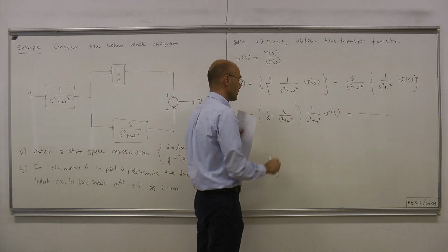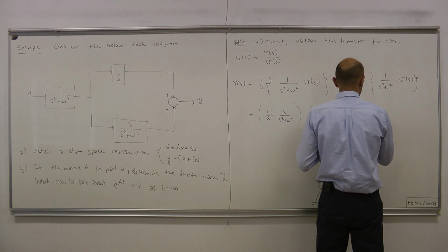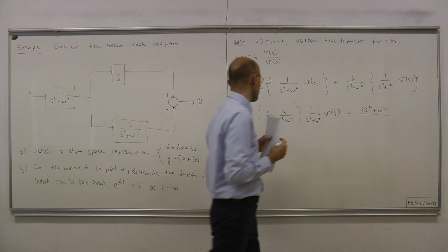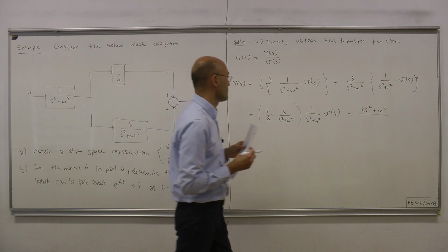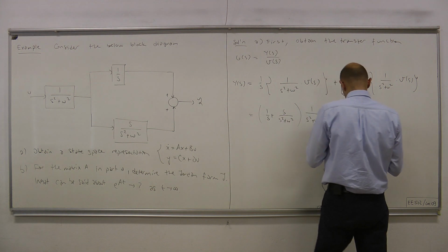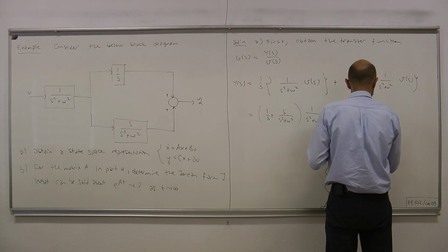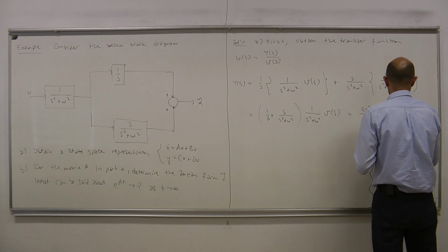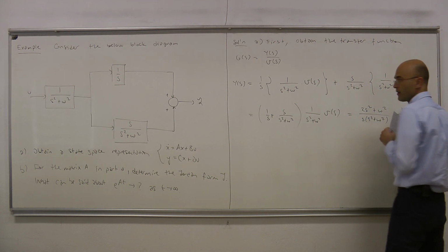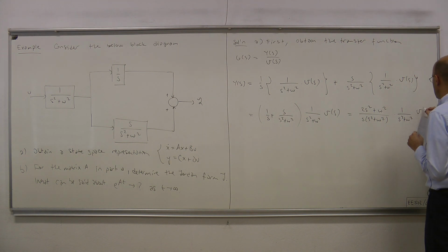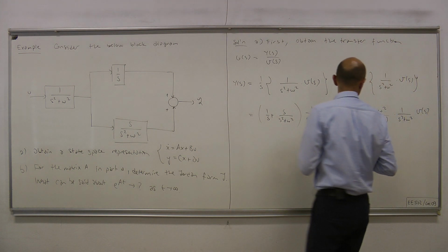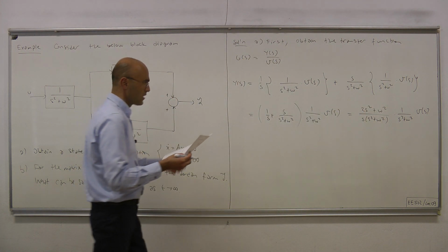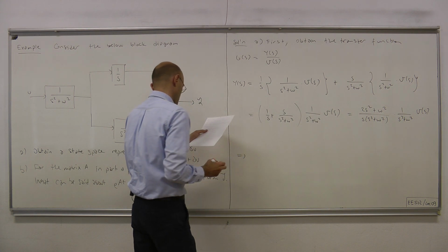and that equals, writing this as a single fraction, 2S squared plus omega squared over S squared plus omega squared, times 1 over S squared plus omega squared times U of S. This thing here is our transfer function. So let's write it here.